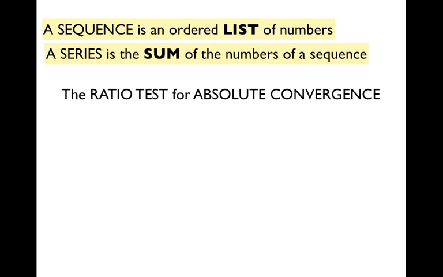We did one last time. We did this one. Okay? So oftentimes these come in fraction form. So we're going to look at the limit as n goes to infinity of a_(n+1) over a_n.